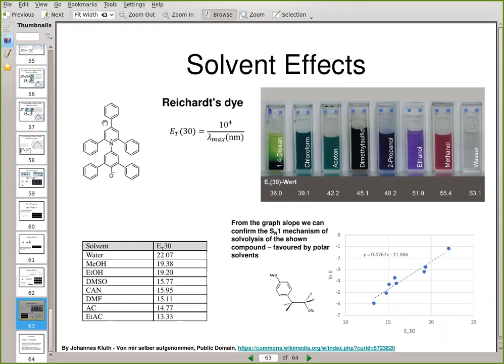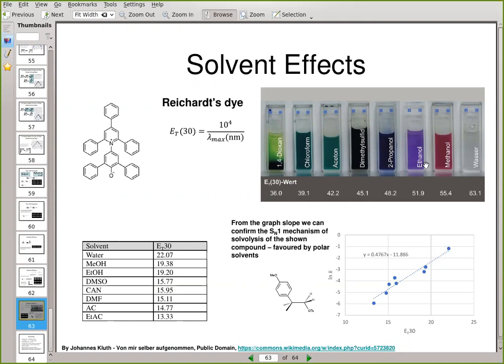It's a really interesting molecule because you dissolve it in water, and that's what it looks like. If you dissolve that same compound in methanol, you get different colors depending on which solvent you have. That's really fantastic. You've got really different colors coming out from one dye depending on the polarity of the solvent.